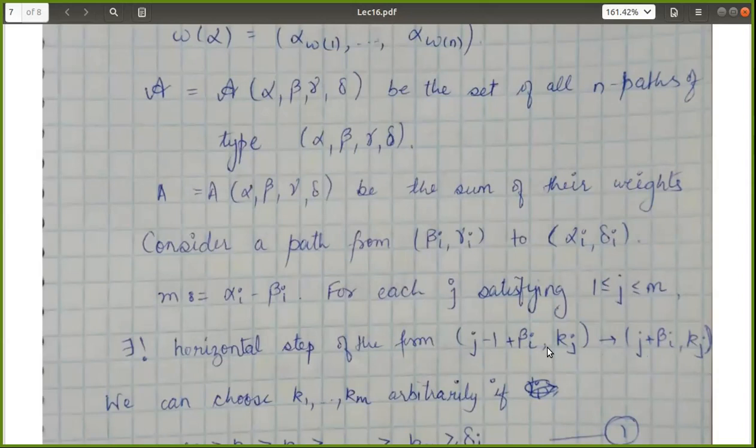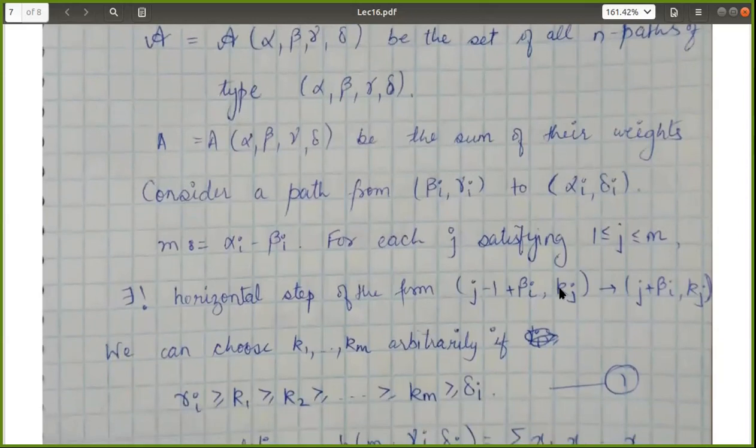If there is a difference of m between alpha_i and beta_i, you will have to take exactly m horizontal steps in this lattice. And therefore, for each such horizontal step, you just put it down in words, which means this unique horizontal step is this.